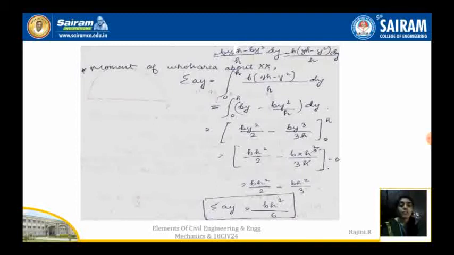If you are cancelling h, you are getting bh square divided by 2 minus bh square divided by 3. So the final answer will be bh square divided by 6. So the moment of the whole area is bh square by 6.